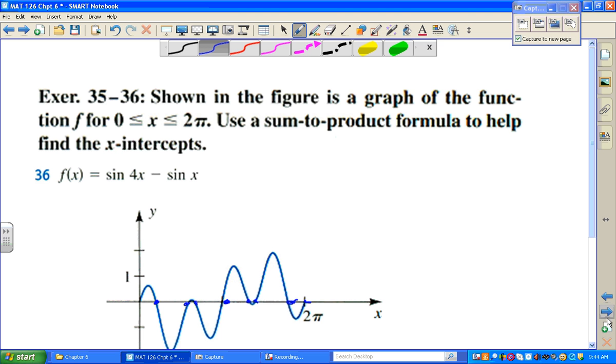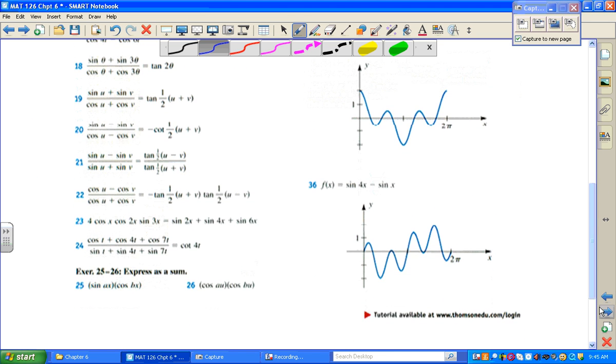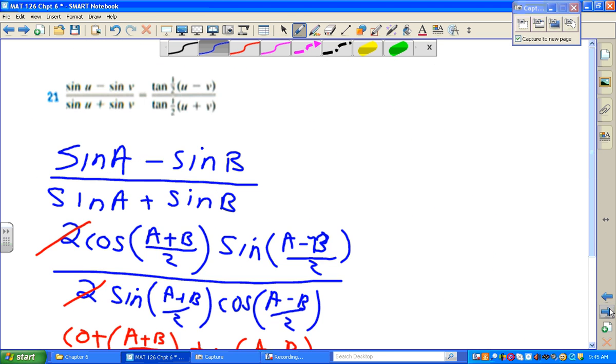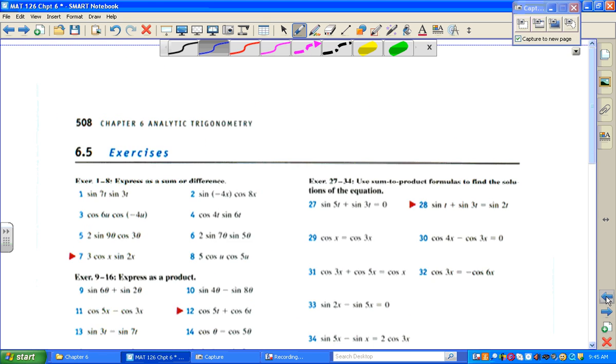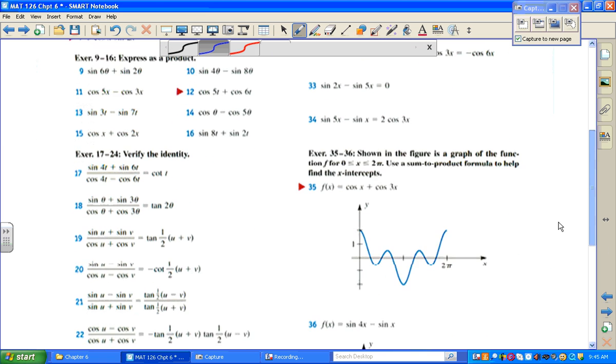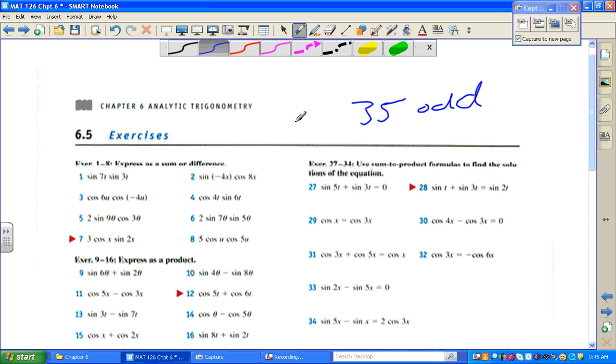So, with that said, on page 508, I wanted to finish this. We'll just go through 35 odd. I believe we left off with around 15, 17? Yesterday, 23. Okay.